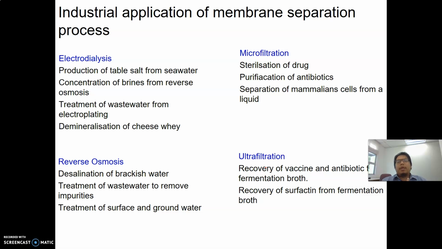For example, for my master's study, I worked on ultrafiltration, where I obtained surfactant from fermentation broth. Membrane separation is one of the options that we can consider for special technology.